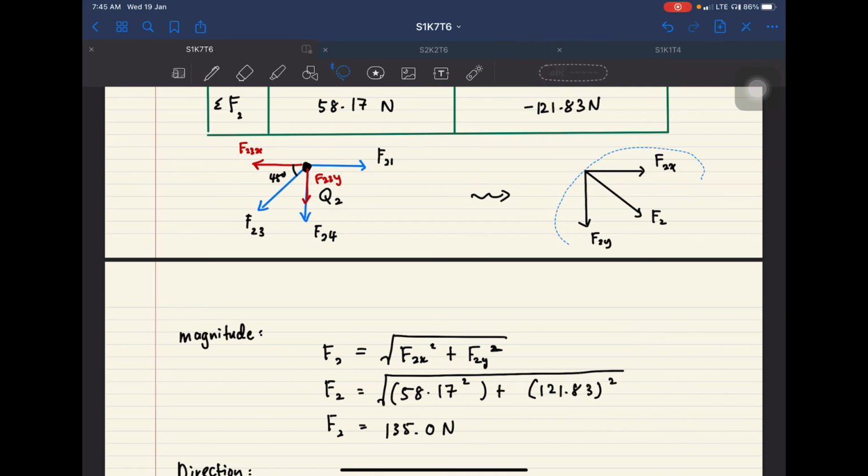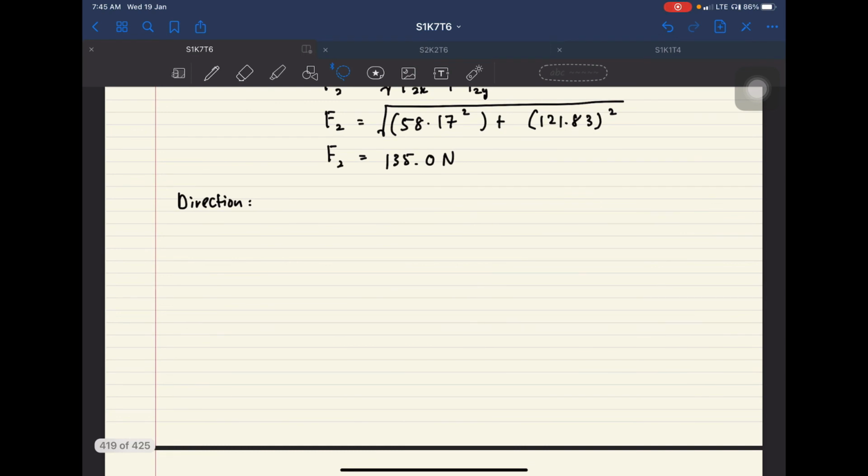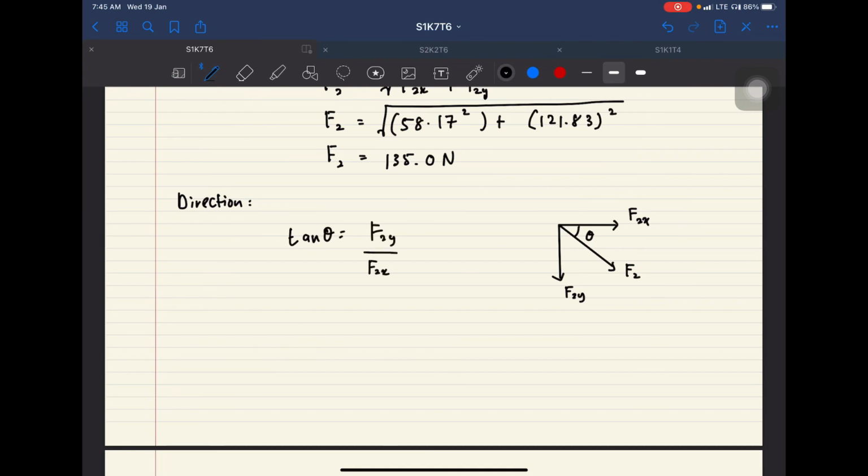And the direction, I just copy this one. If you're talking about the angle towards the x-axis here, you can solve using tangent theta equals F2y over F2x, always y over x.